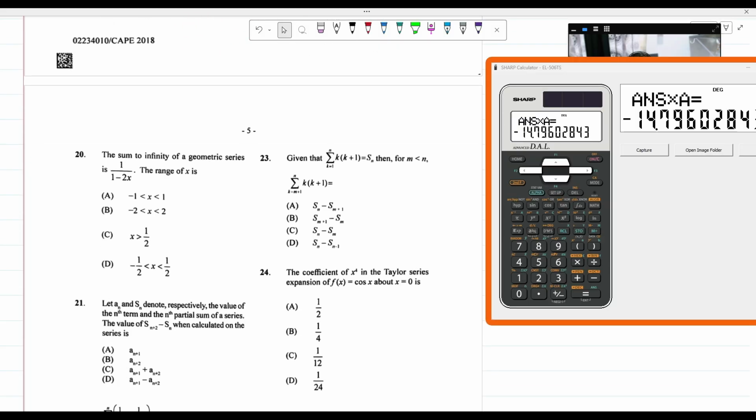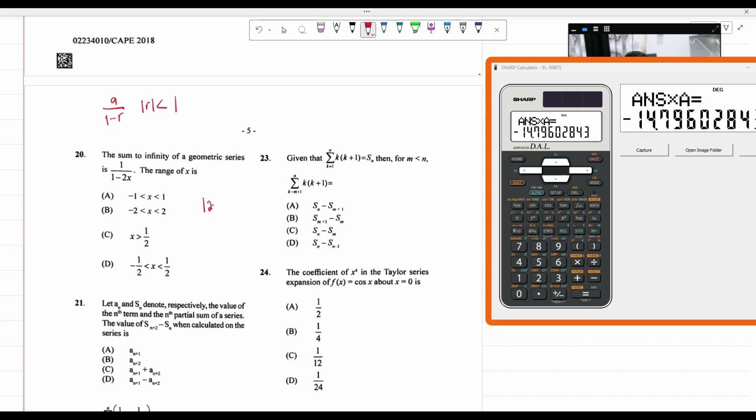The sum to infinity of a geometric series is 1 over 1 minus 2x. The range of x is, well, we know that the sum to infinity, a over 1 minus r, only exists if the modulus of r is less than 1. So all we are going to do is take the modulus of 2x.